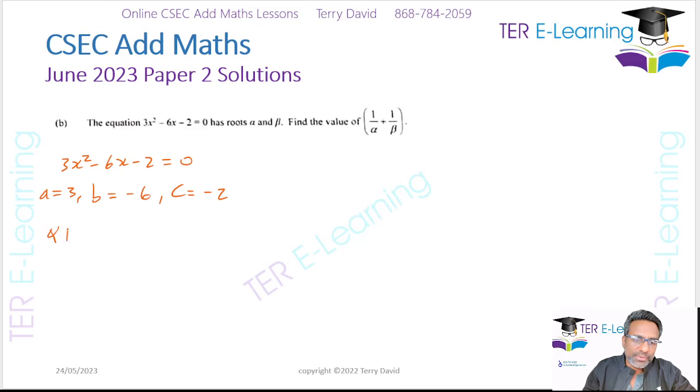So the sum of the roots, alpha plus beta, is going to be equal to minus b over a. All you're going to do is substitute what b and a are. So this is going to be minus 6 over 3, that's positive 6 divided by 3. So this is 2.